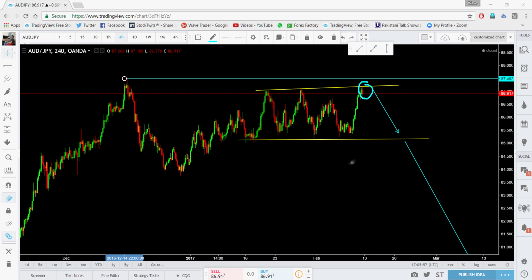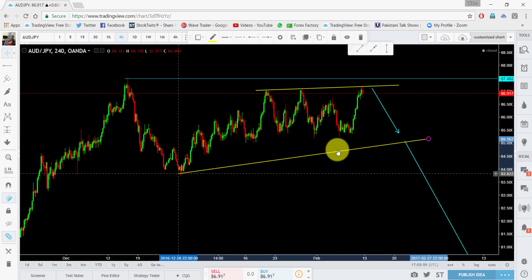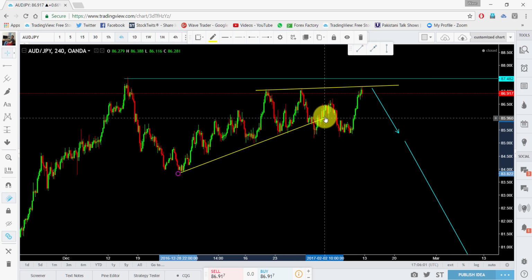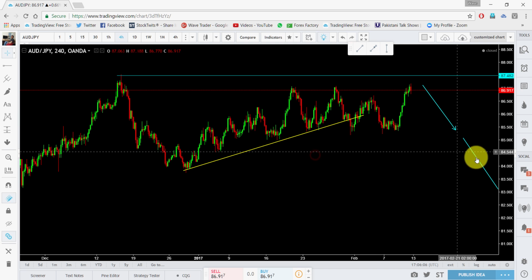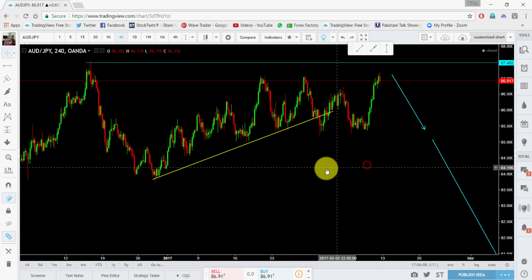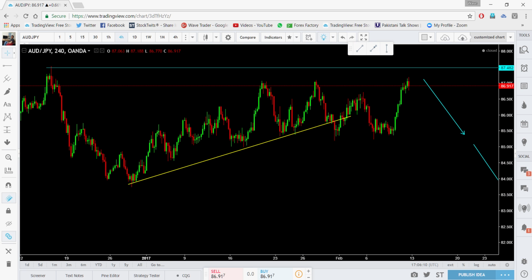Okay, so if you guys remember that we were tracking this pair since very long, and the trade setup we have seen over there. Okay, this sell, this sell, this sell. Some of you guys took these trade setup. All right, and some of you guys took this buy setup as well.